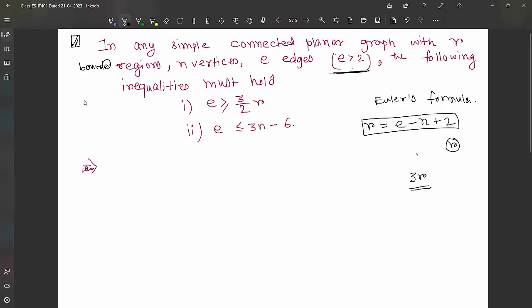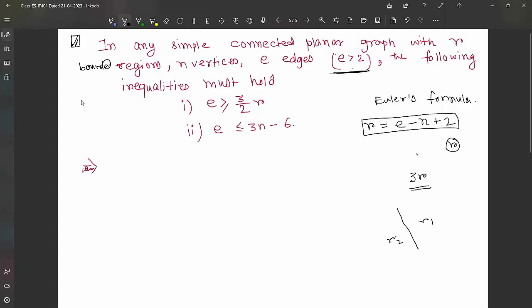And also every one edge is attached to two regions, R1 and R2. Whenever you take one edge, it belongs to two regions. That means one edge contributes to two regions.